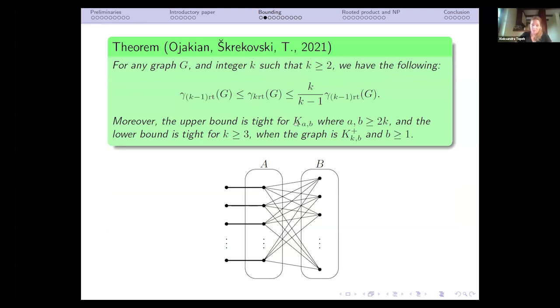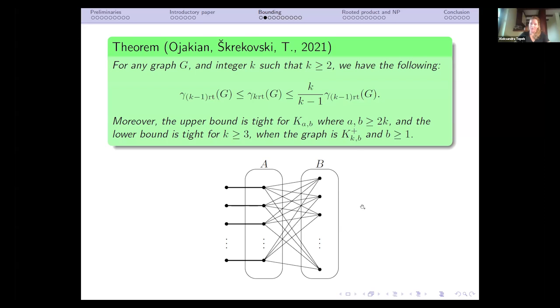And as I said before, tightness for the upper bound is proved by these complete graphs, and the lower bound is attained for graphs that look like this, as you can see below here.